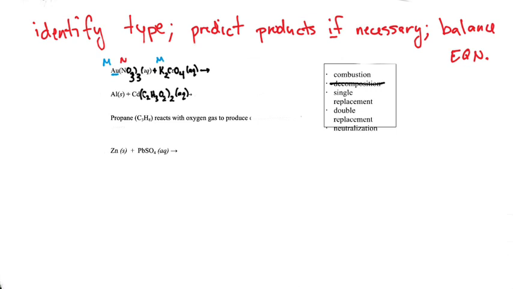We have a metal, and then we get this weird, goofy looking thing again, which is another complex ion. It's not really a nonmetal, it's a complex ion. So calling it a nonmetal is a little bit weird, but it is at least an ion. If we push back to it, what charges do all of our metals have?